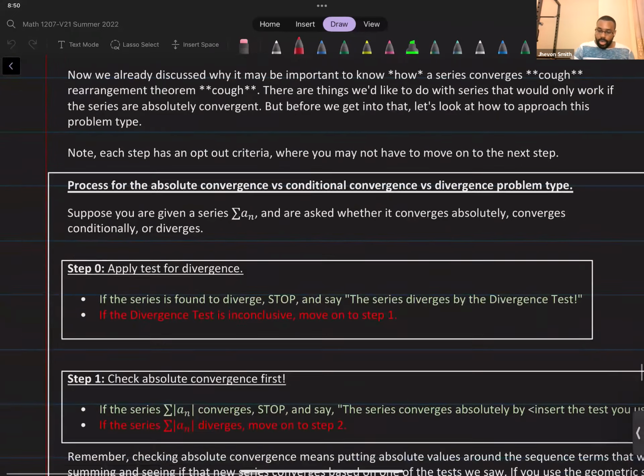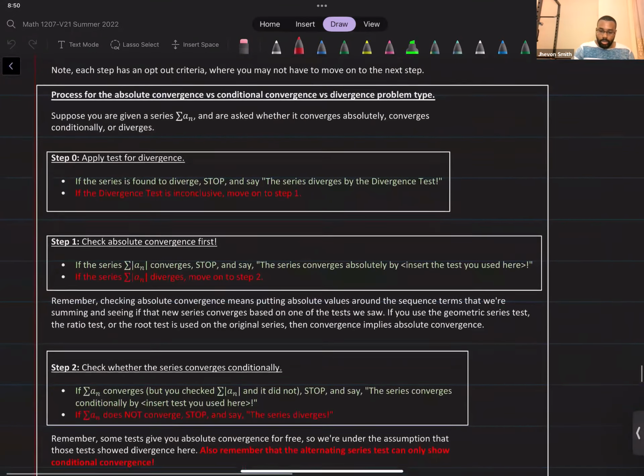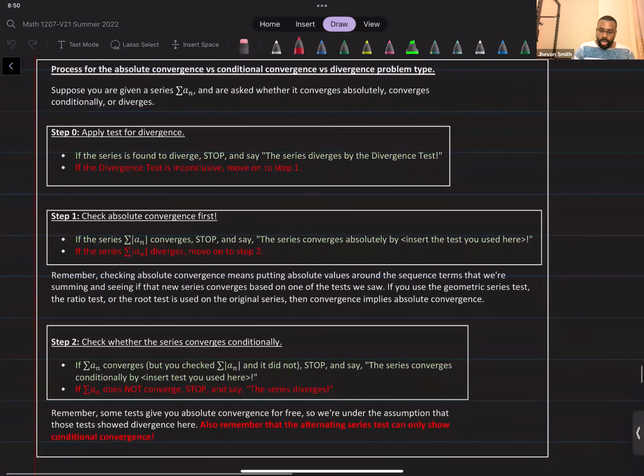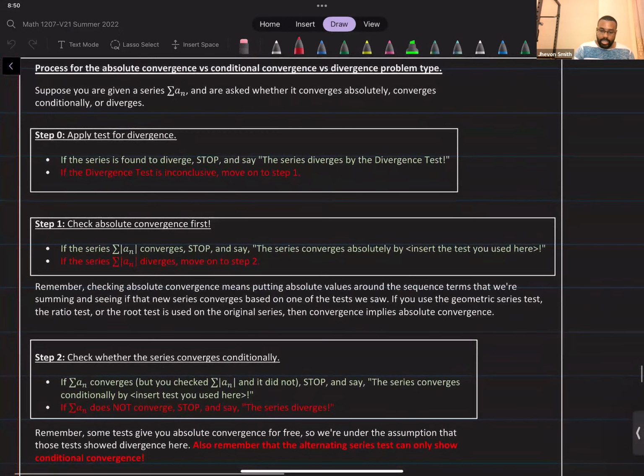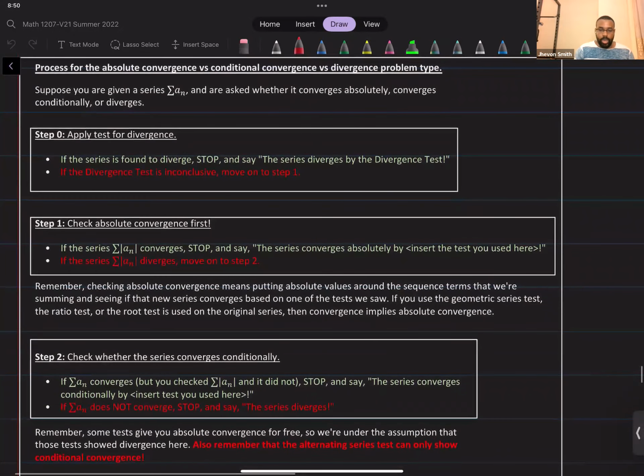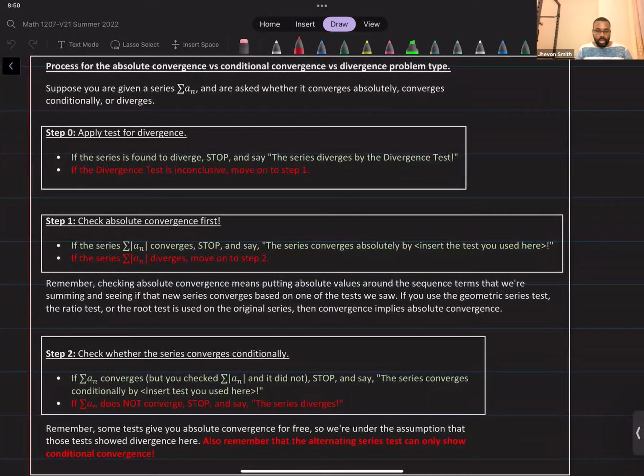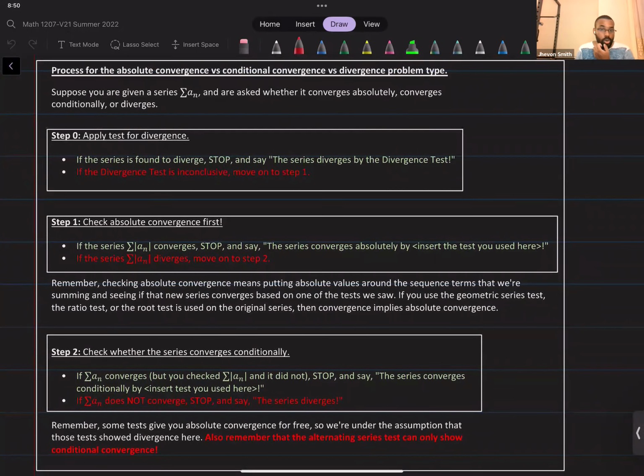So it turns out, just by looking at the concepts of what absolute convergence means, there is a process that actually makes sense when you are asked that specific kind of question. If I ask you, determine whether this series converges absolutely, converges conditionally, or diverges, that's the problem type. There is a way you want to approach this. So step 0, which is true for every series: always try to apply the test for divergence first.